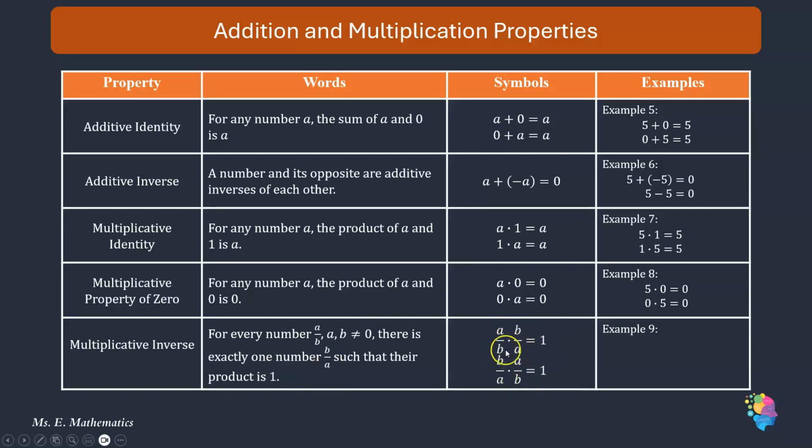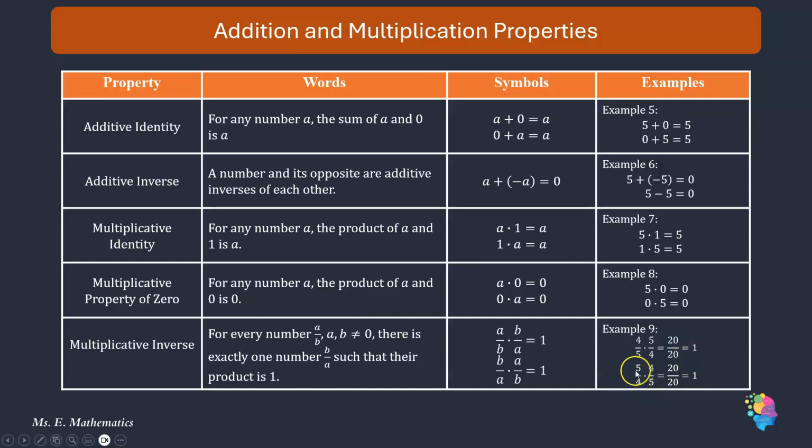Similarly, if I switch these, B over A times A over B is also 1. Let's do an example with numbers to better see what this one is telling us. So if I multiply 4 over 5 times 5 over 4, like this, the result is going to be 1 because, remember, we multiply fractions across. 4 times 5 is 20, 5 times 4 is 20, and 20 divided by 20, that's going to give us 1.